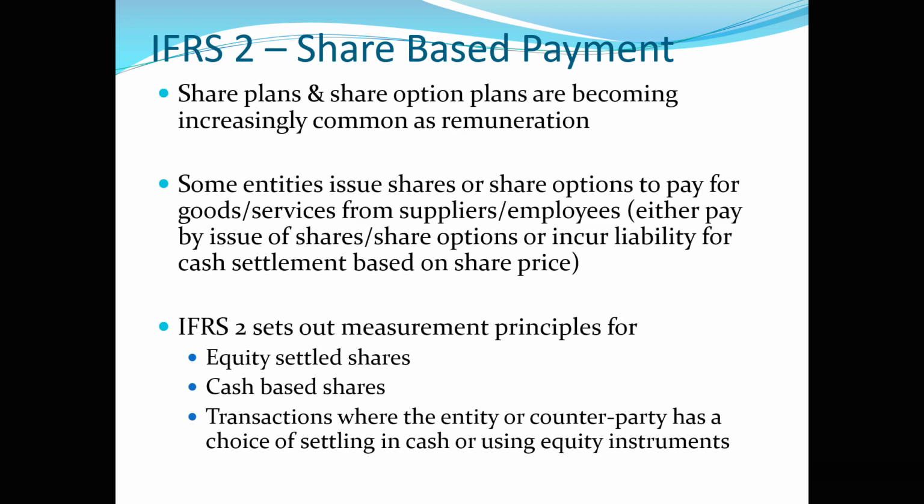So you need to understand when share options are being given and when shares themselves are being issued. A share option is a contract that gives the holder the right but not the obligation to subscribe to the entity's shares at a fixed or determinable price for a specified period. So this is UCC giving me the right to buy UCC shares at a fixed price in the future. And why?